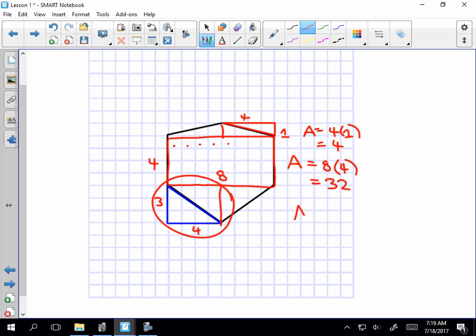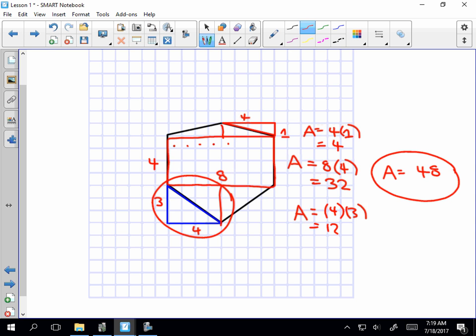So when we find the area of that piece, we've got 4 times 3 equals 12. And now I just have to add these pieces together. 32 plus 12 is 44. 44 plus 4, the total area of the hexagon is 48.